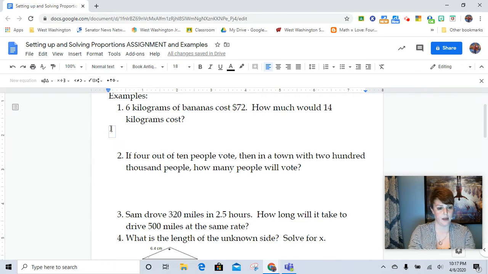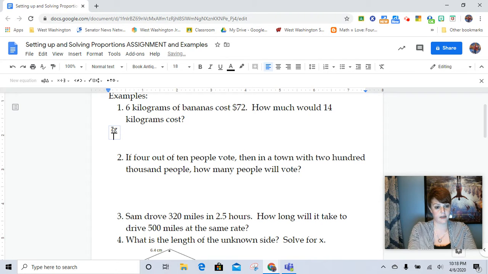So there we go. 6 kilograms of bananas cost $72. How much would 14 kilograms cost? With these fractions, the denominators have to represent the same thing and the numerators have to represent the same thing. So I'm going to make this kilograms. Oh dear, I guess it would help if it were activated.